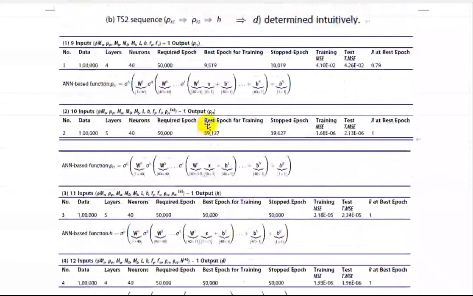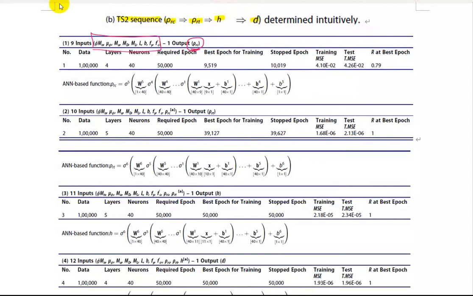Next, we will take a look at the TS2 sequence, where we're going to train ROLC first, then ROLT, and H and D, and try to compare both the training results and design results based on these two different sequences. Which one is better for the design of this type of reinforced concrete beams? We're going to start with ROLC, and we have only 9 inputs because we have all the other parameters as output parameters with ROLC.